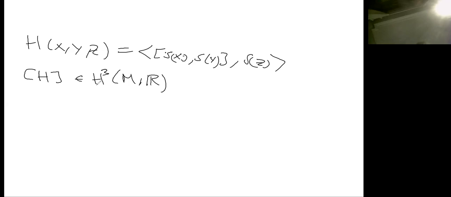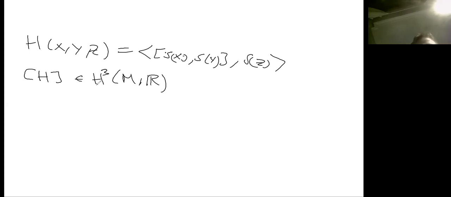Okay, so because our 3-form H is closed, we can associate its class in the de Rham cohomology. And this is what is going to assign the isomorphism class of the Courant algebroid. It is going to be determined by this thing.